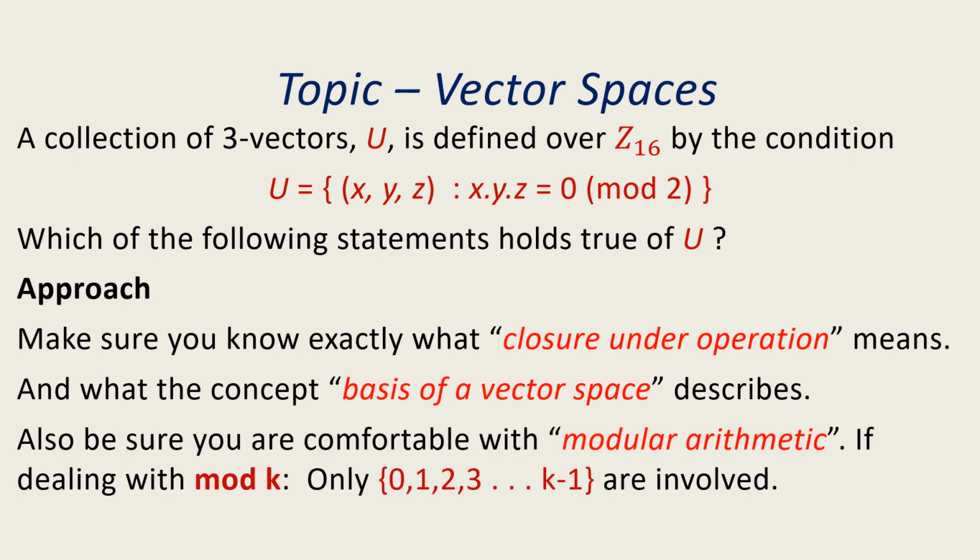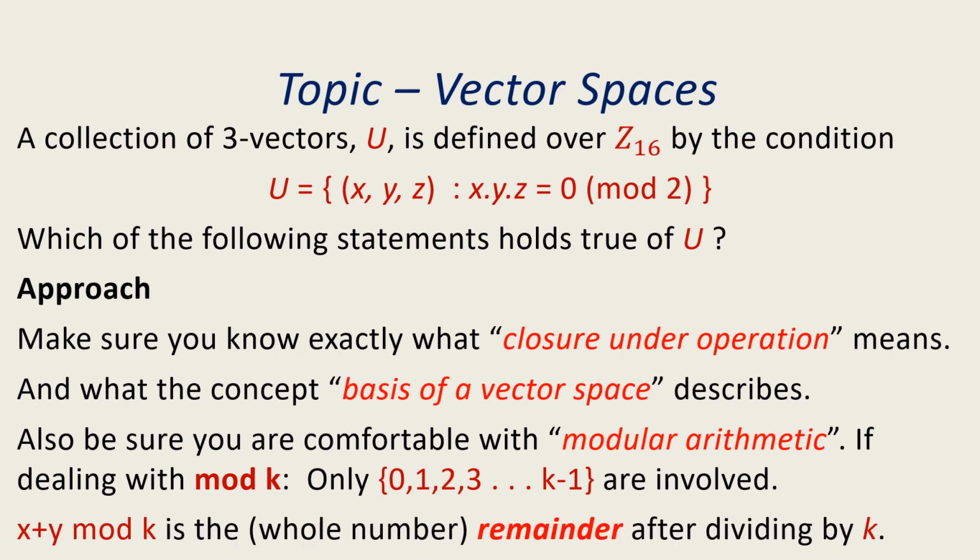You should also, because typically questions are going to use the operations of modular arithmetic, make sure you're comfortable with working with modular arithmetic. If we're dealing with arithmetic modulo k, you are only dealing with the integers 0, 1, 2, 3 up to k minus 1.